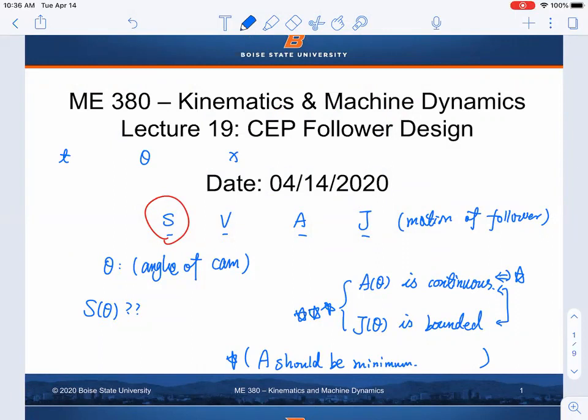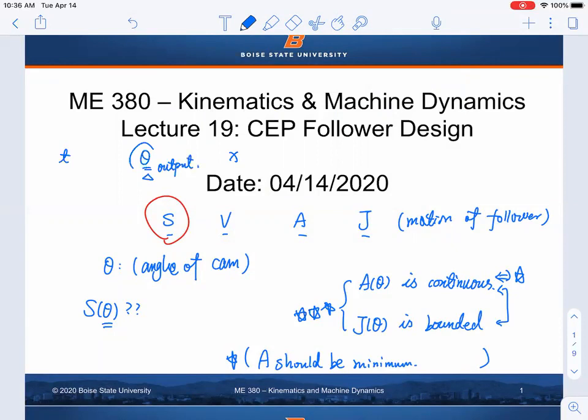We already know theta's meaning. Theta means the angle of the cam. So S, V, A, J are all in the theta domain. And eventually your design is presented in the theta domain. That means theta is the domain where you output your design. So I would say that's your output domain.